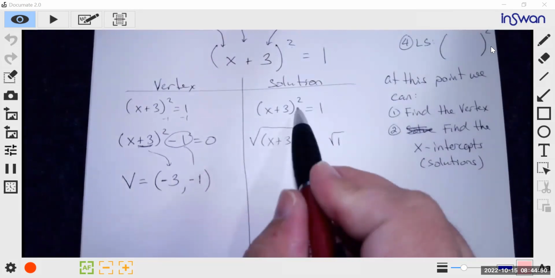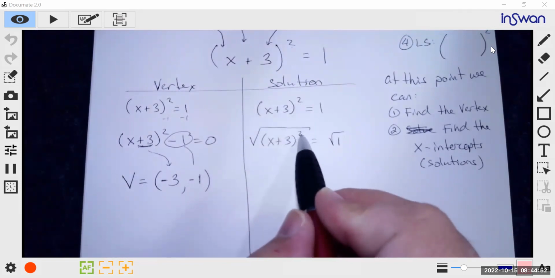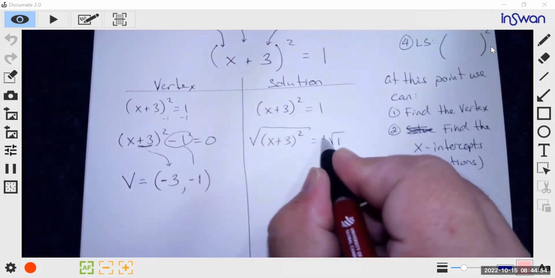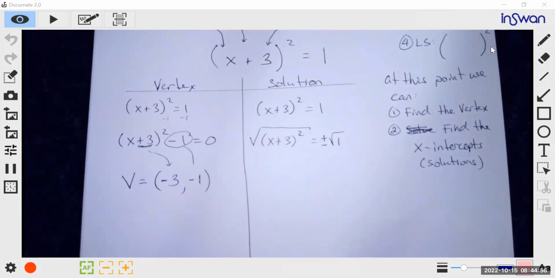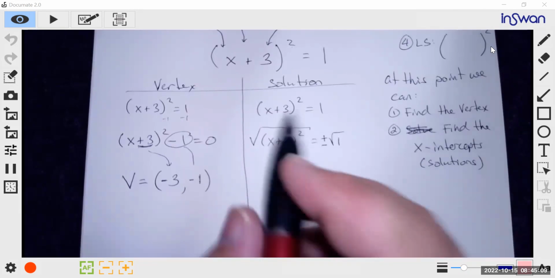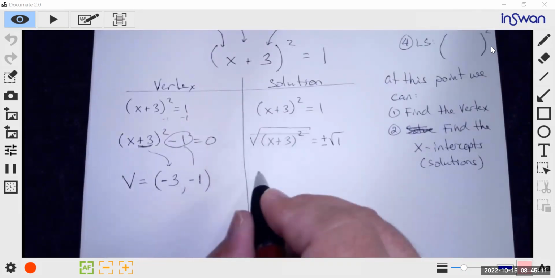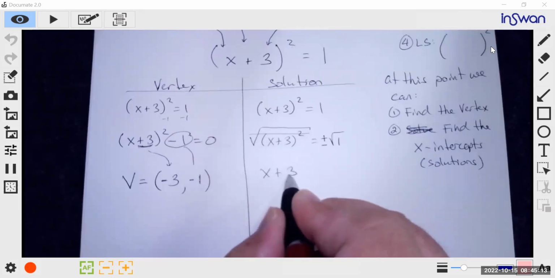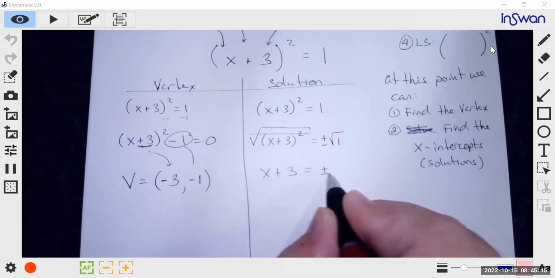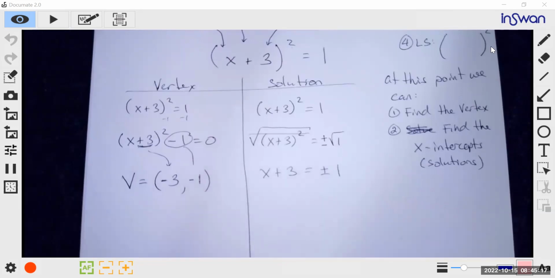And remember, whenever you square root a squared term, you have to put a plus or minus in front of the answer. So the square root and the square cancel. We have x plus 3 equals plus or minus. Square root of 1 is 1.